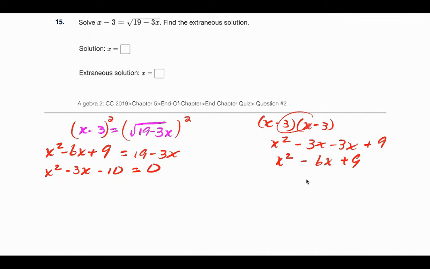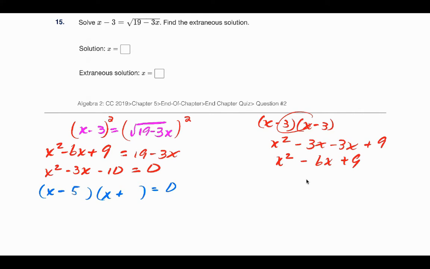So when I factor that, remember, here's where we remember our little things. So I have an x here, and I have an x here. I look at the sign of the last term. It's negative. I know automatically that one is negative and one is positive. And what are factors of 10 that will give me negative 3?